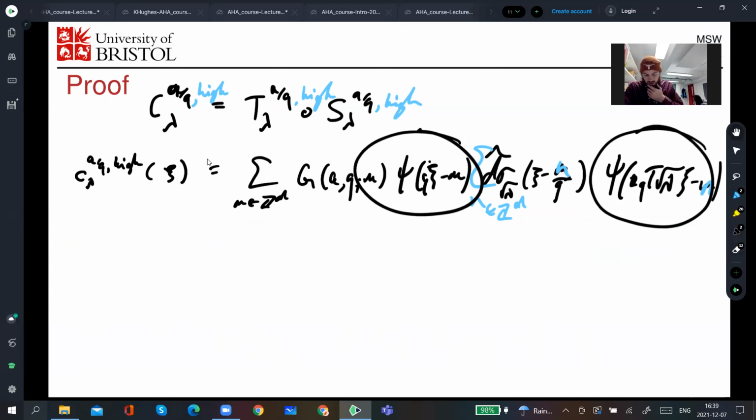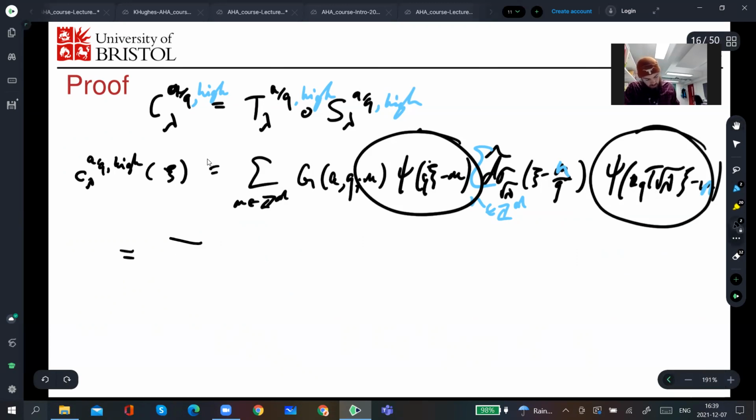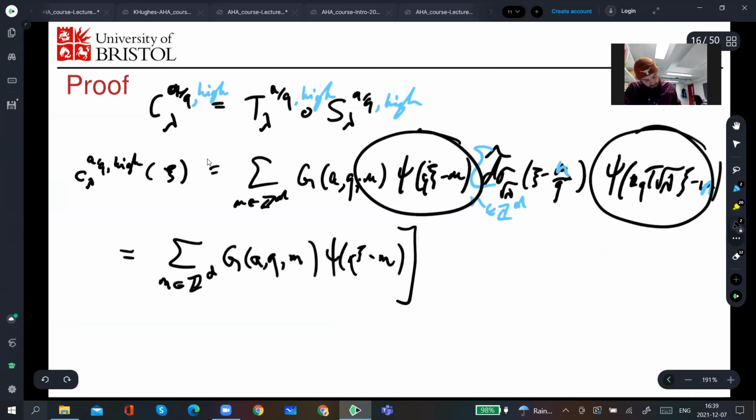How are we going to make use of this? Now I get to factor this into two parts. This equals the sum over M in ZD of G of AQ, M, and then psi of QC minus M. That's my first part.